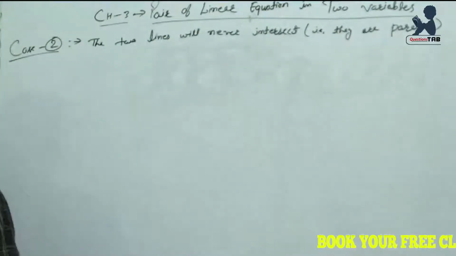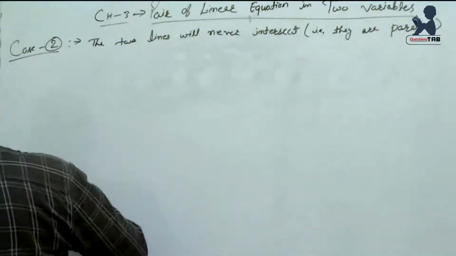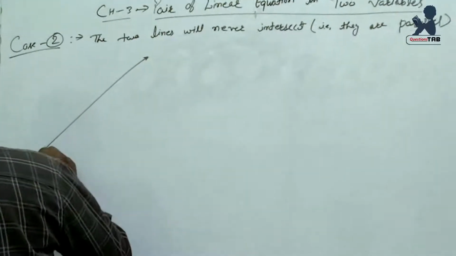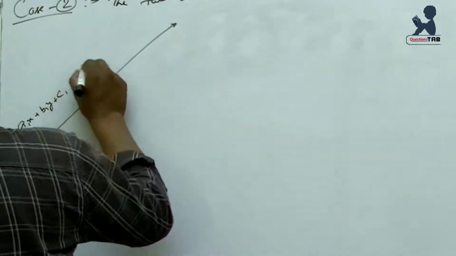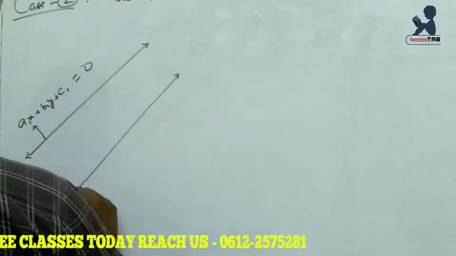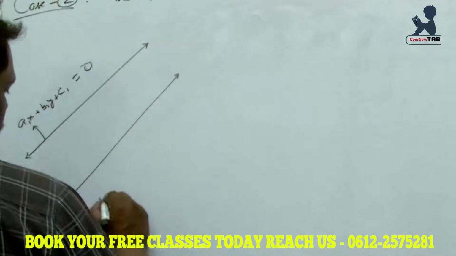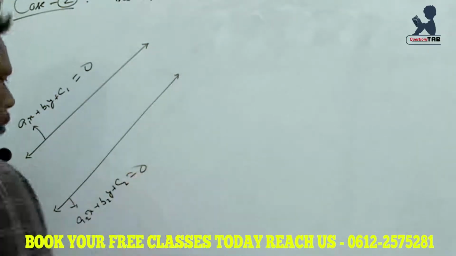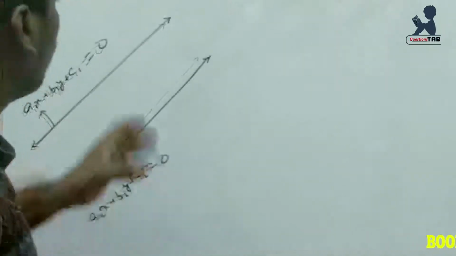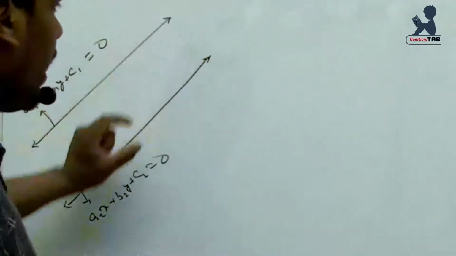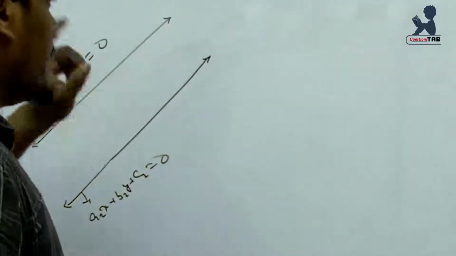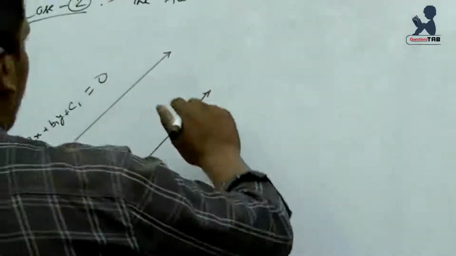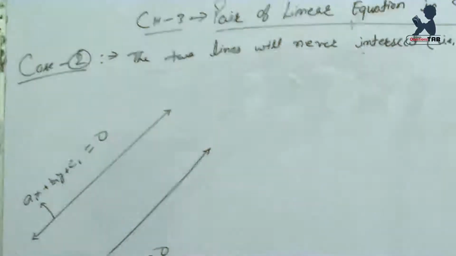So in this case, if this is our a1x plus b1y plus c1 equals 0, and this is our a2x plus b2y plus c2 equals 0, and they are both parallel to each other, that means they both go to infinity on both sides but never cut each other, then this is our second case.